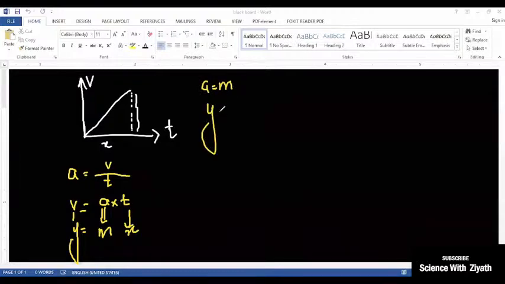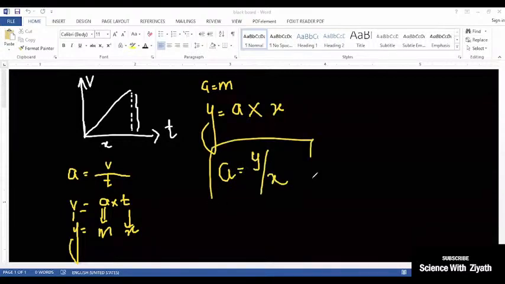So I substitute: y is equal to, instead of m, I put a and x. Now a is equal to y over x.